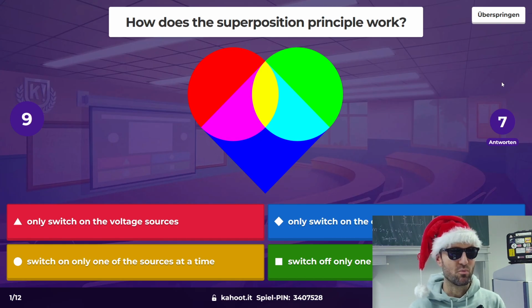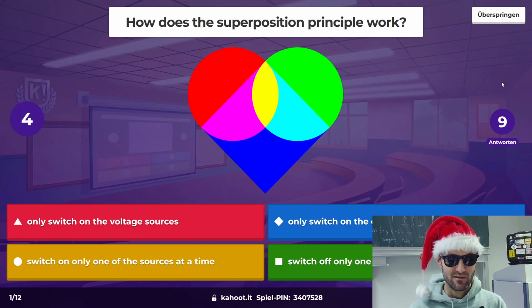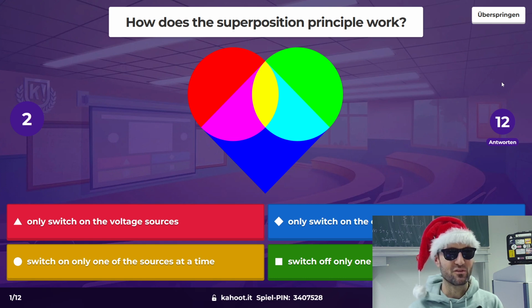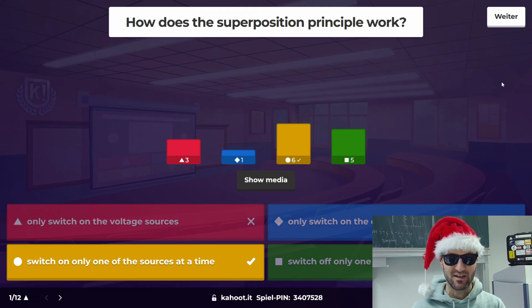That is the question. And the yellow answer is the right one.